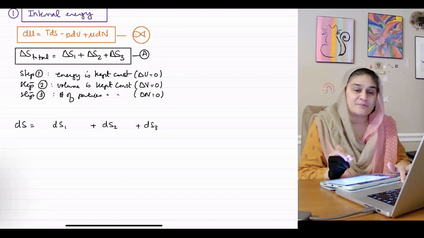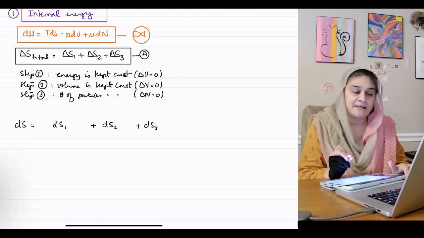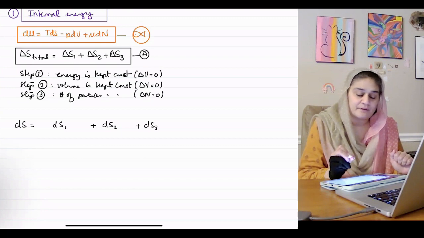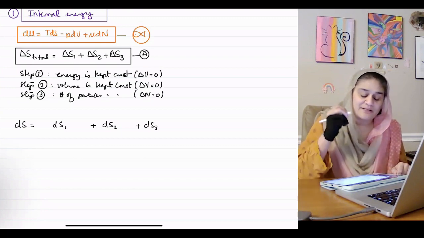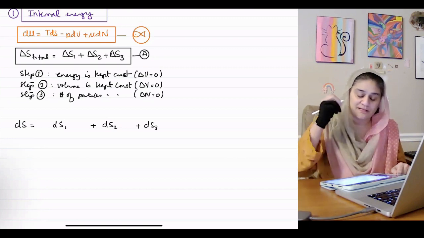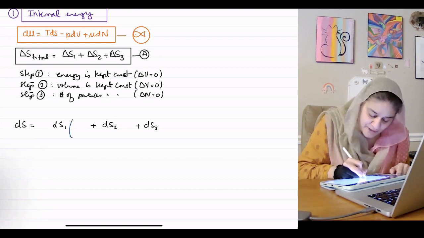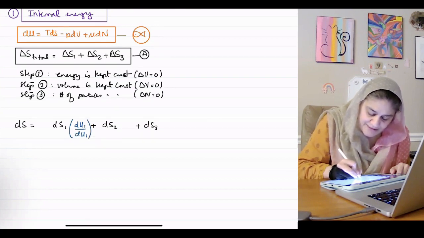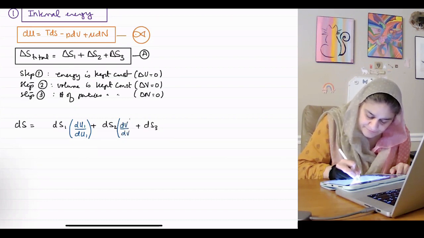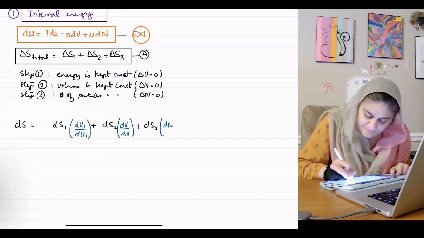Now, in this expression, may I multiply and divide by what is happening in step 1, step 2, and step 3. So in step 1, and step 2, and step 3.